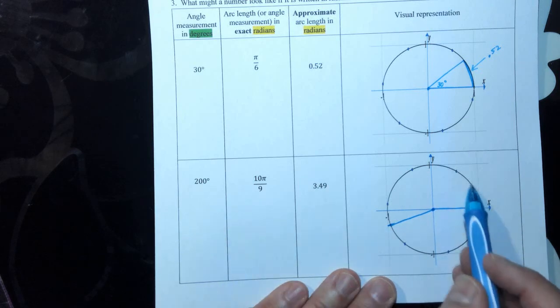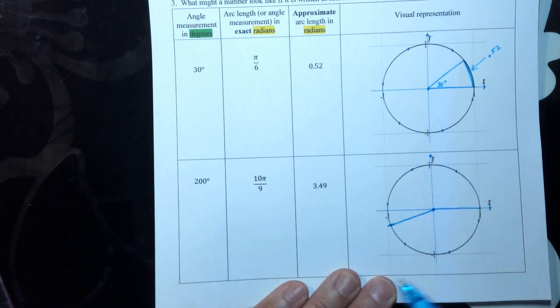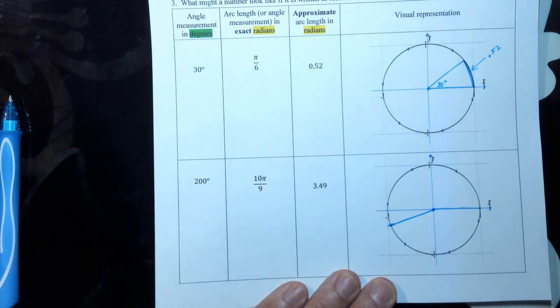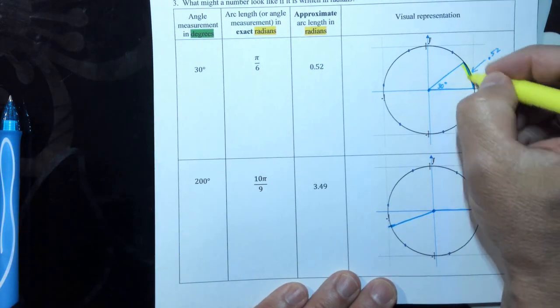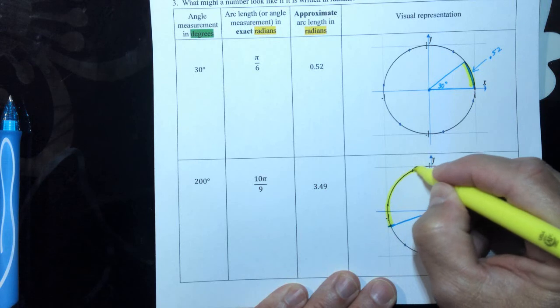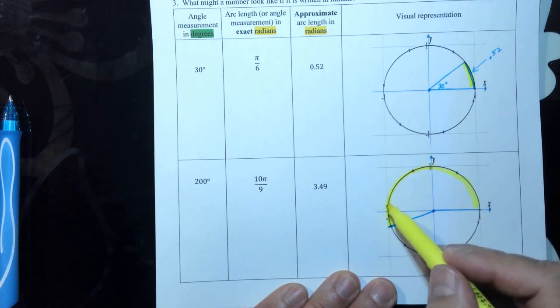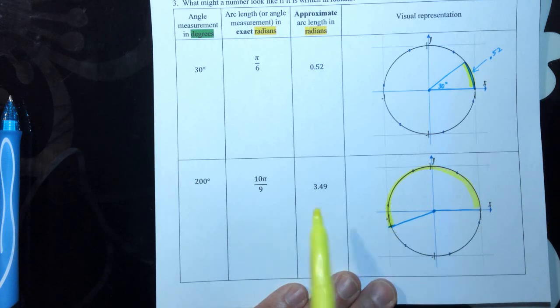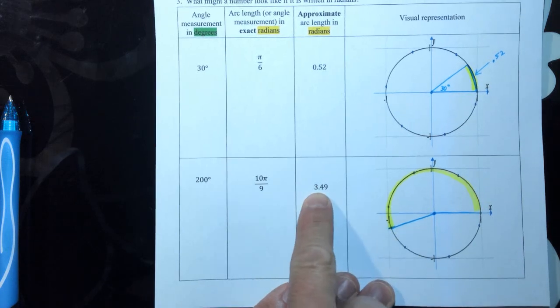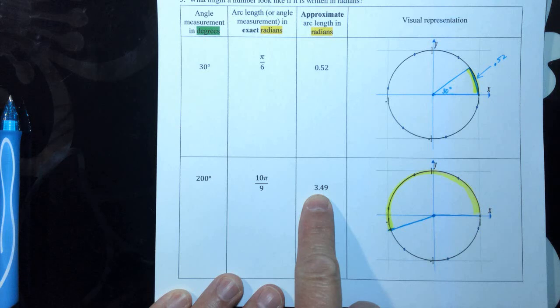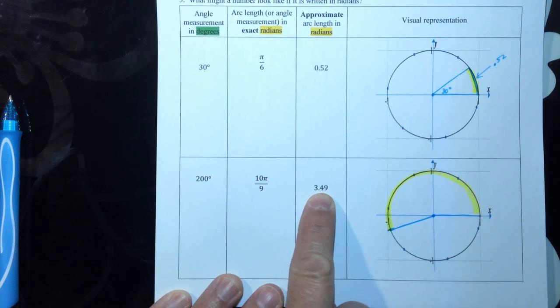How long is the length of the arc? Remember, that's what radian means. The length of the arc. That's 1 inch, 2 inches, 3 inches, not quite 4, so about 3.5 inches. So 3.5 inches. That makes sense to your brain. Should make perfect sense to your brain.